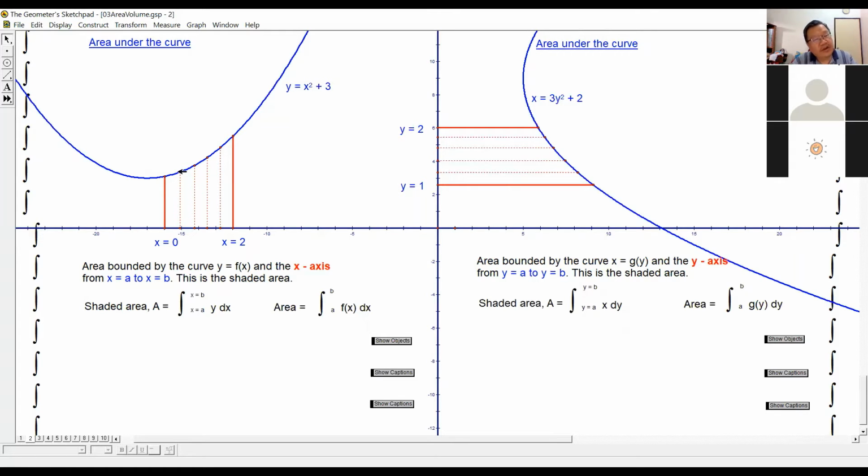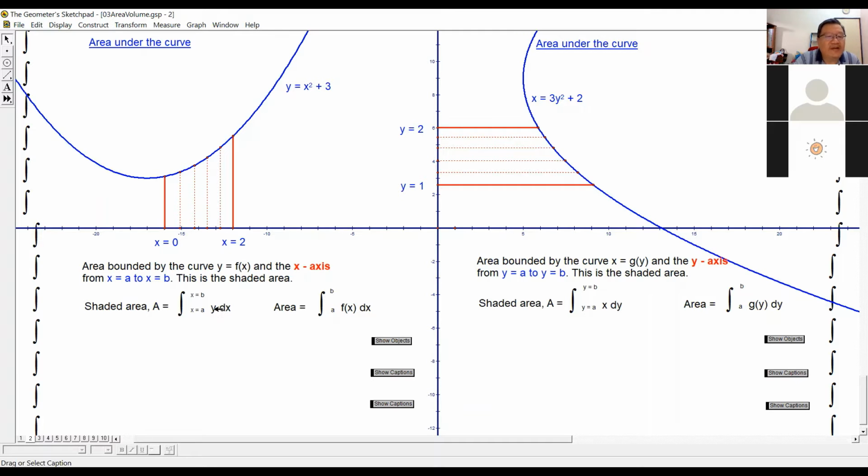Okay or not? You know which area you want to find? Between the curve and the x-axis. Between x equals 0 and x equals 2. Right? Now, you know that this is the area between the curve and the x-axis. So everything you must express in terms of x, right?